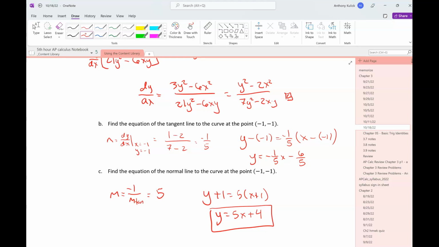So just take the negative reciprocal, assuming you did the first one correctly. Does that feel okay, Mackenzie? The normal and tangent line stuff should be pretty easy. That's ostensibly an Algebra 1 problem, other than having to do calculus to get the slope. After that, it's an Algebra 1 problem.